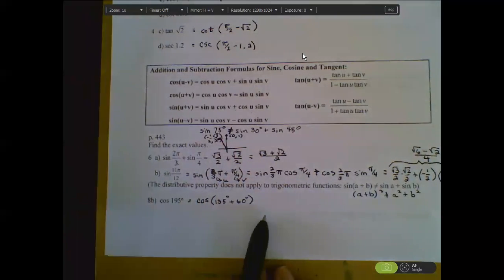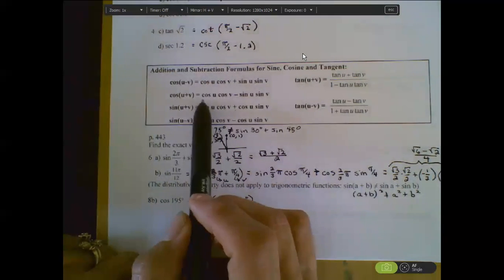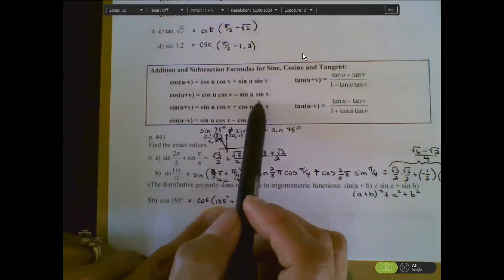Now I can't just take the cosine of 135 and the cosine of 60 and add those two values together, but I can use the addition formula for cosine.